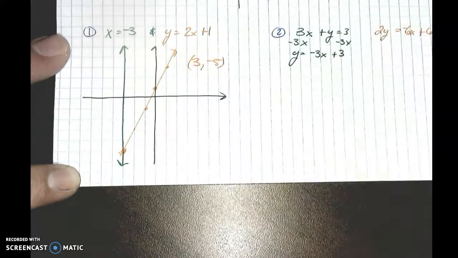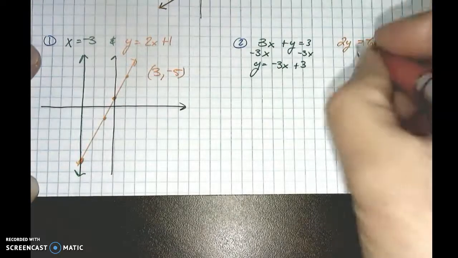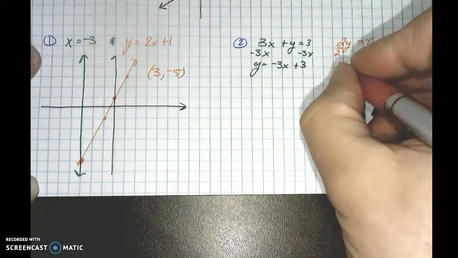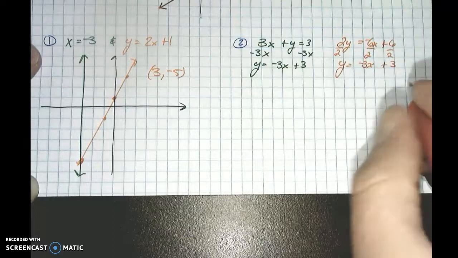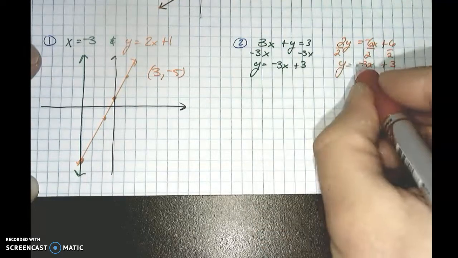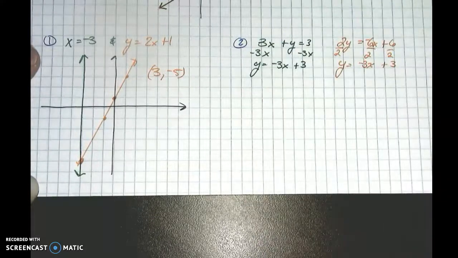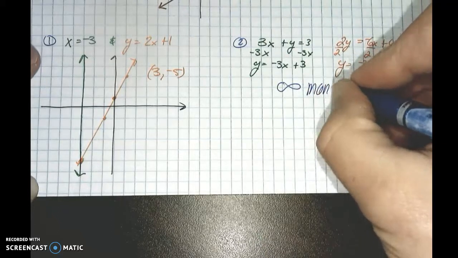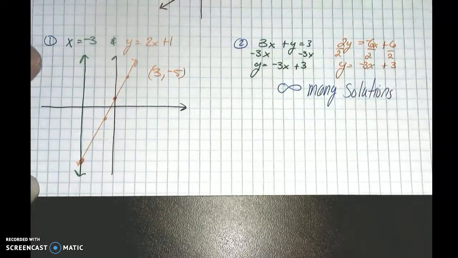So it looks something like that. And then I'm going to come over here and do the same. I'm going to divide by 2 to all my terms. Okay. So the slopes are the same and it has the same y-intercept. So the solution or the answer to this one is infinitely many solutions.